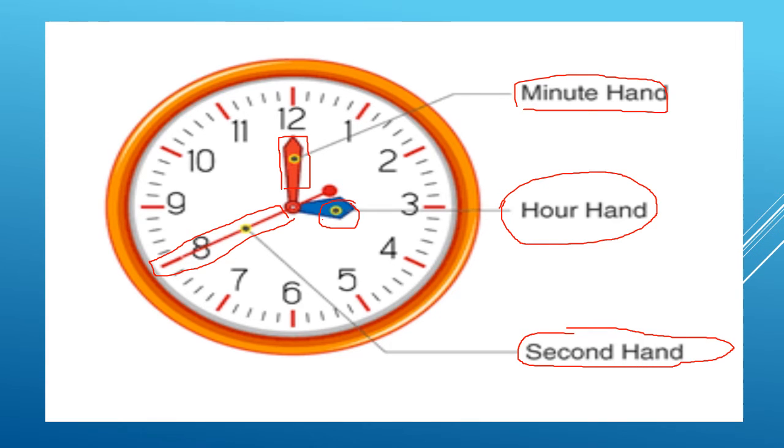And to read a clock, to know the time, we need to observe the position of all these hands, and we have to calculate the time. And only observing the positions of these three hands, we will be able to read the time. But how? Let's try to know it.